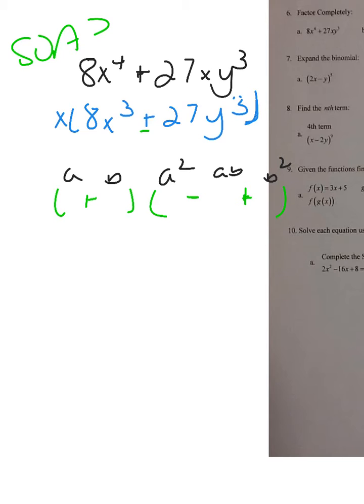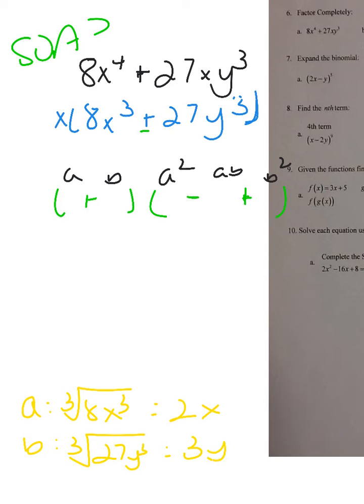So we need our a and our b. So a is the cube root of 8x to the 3rd, which is 2x. And b is the cube root of 27y to the 3rd, which is 3y. So we're going to plug in our a and our b, so it's 2x and 3y.